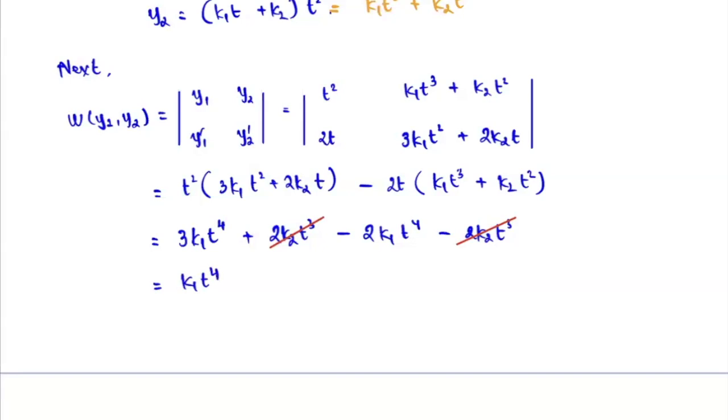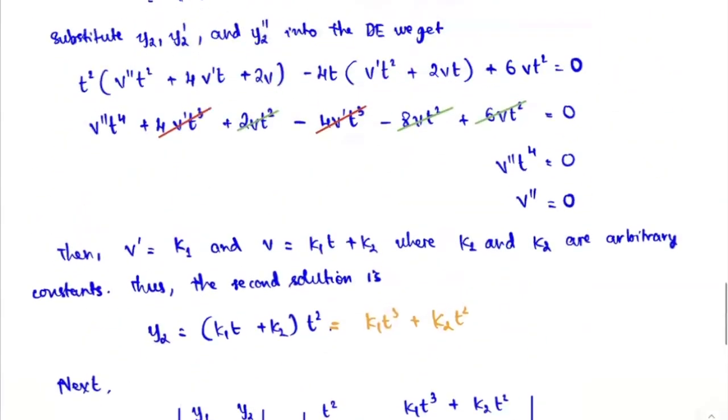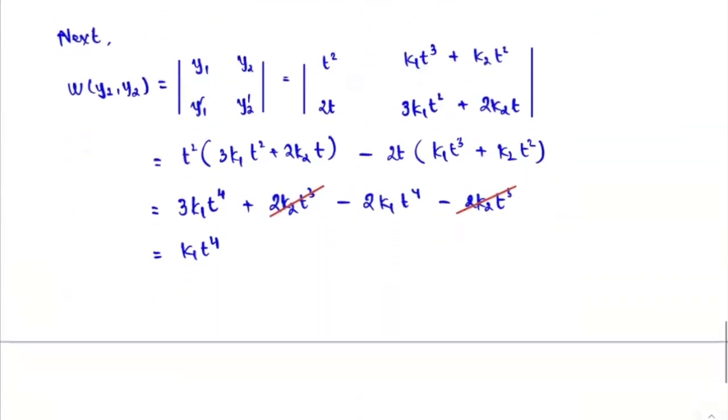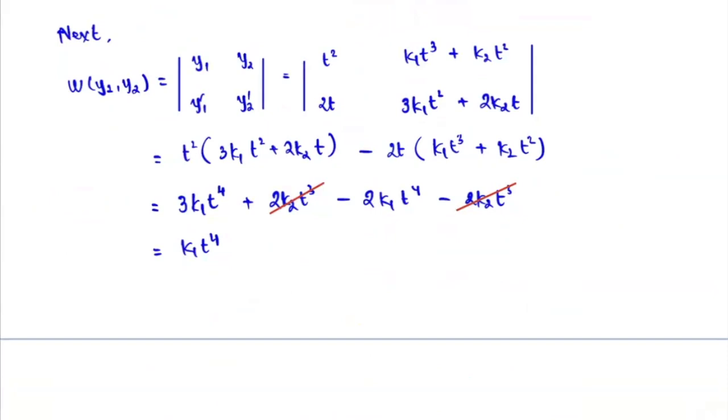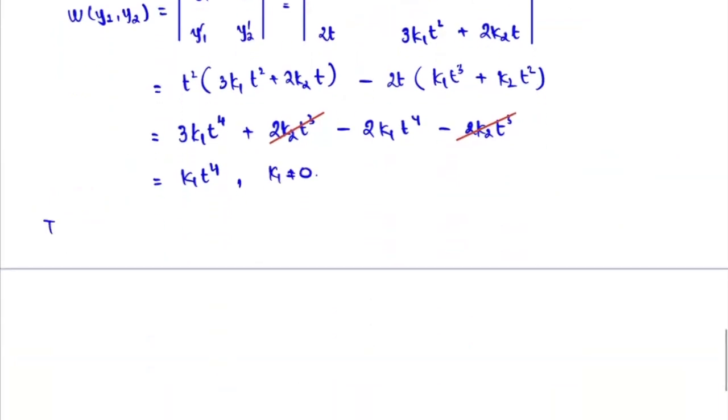Because k1 and k2 are arbitrary constants, the assumption we need to make in order for y1 and y2 to form a fundamental set of solutions is that k1 is different from 0. So this shows that y1 and y2 form a fundamental set of solutions.